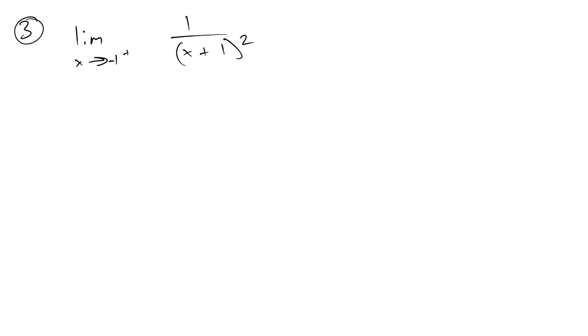So for this here, the square makes the denominator always positive. And so as x goes to negative 1 from the right side, the denominator is going to be a very small positive number. So essentially now we have, once again, 1 over a small positive, which is going to be equal to positive infinity, since it's going to be a really big number and it's in fact positive.